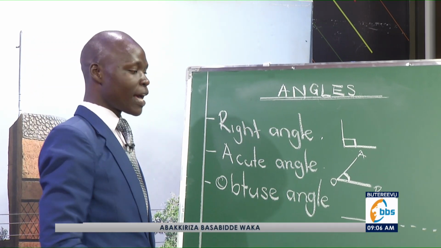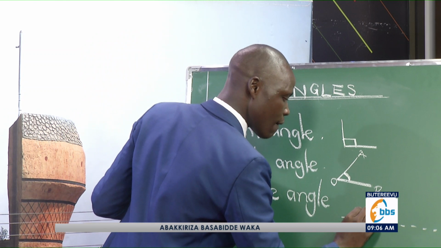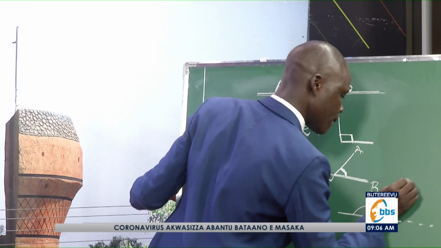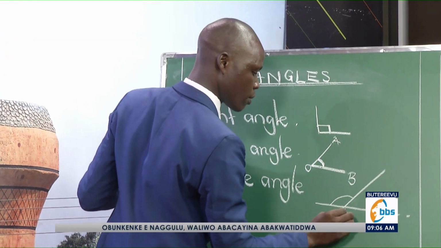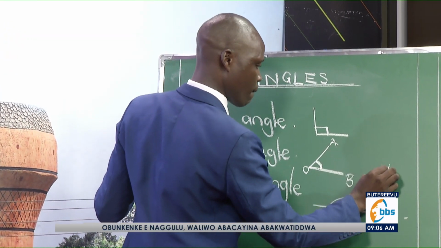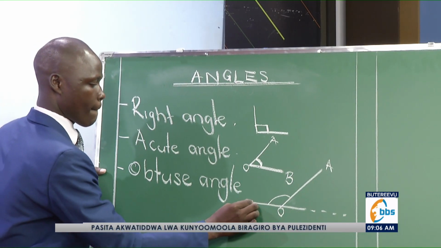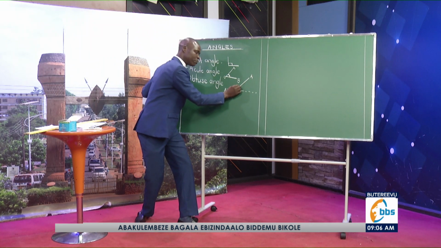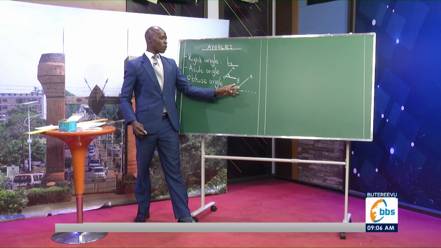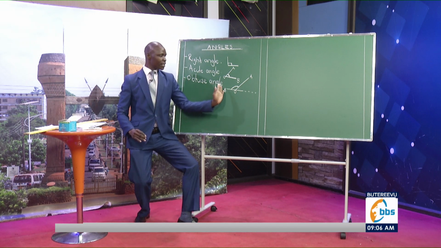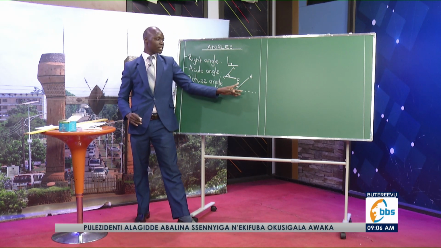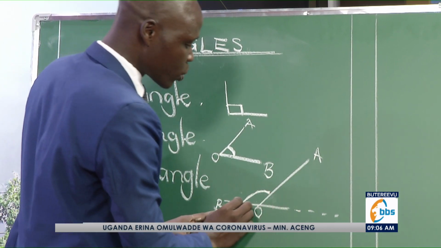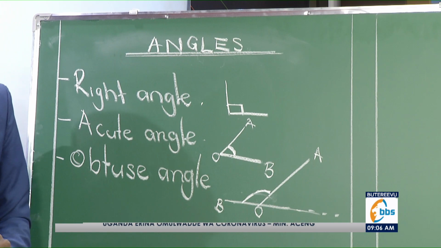If that is our straight line, the angle which is formed at that point is what we call an obtuse angle. It is slightly beyond 90 degrees, but less than 180 degrees. The moment it goes to a straight line, it will form what we call straight line angles.